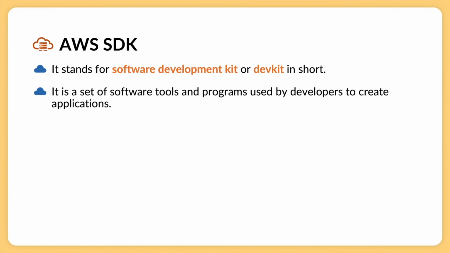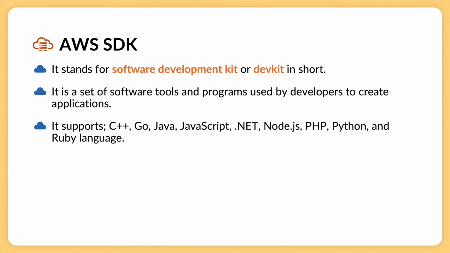This is only used with or within your application code, which allows your application to interact with AWS services. SDK supports many different programming languages such as C++, Go, Java, JavaScript, .NET, Node.js, PHP, Python, and Ruby. There are also mobile SDKs for Android and iOS available.